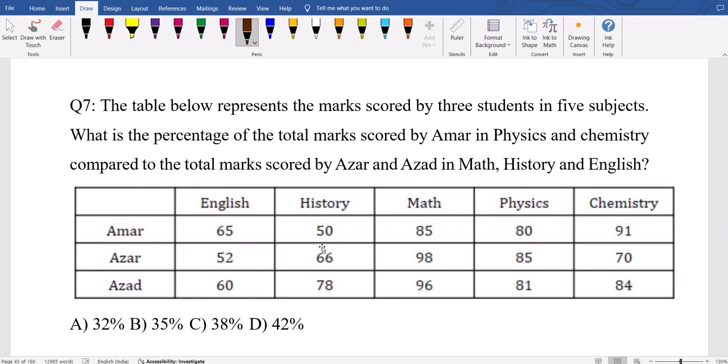So here what they are asking: total marks scored by Amar in physics and chemistry compared to the total marks scored by Ajar, in percentage. First one is Amar in physics and chemistry, and this table below represents the marks scored. So Amar in physics and chemistry is 171.